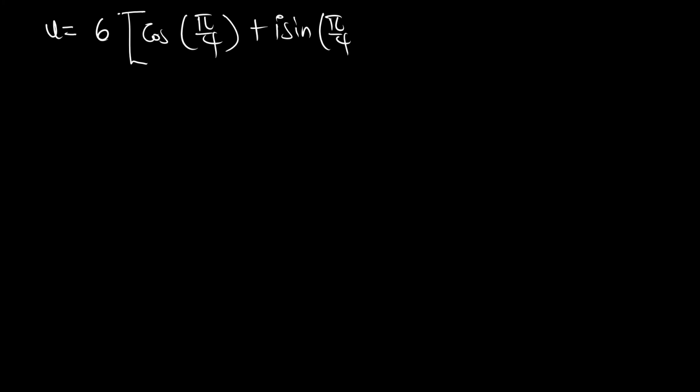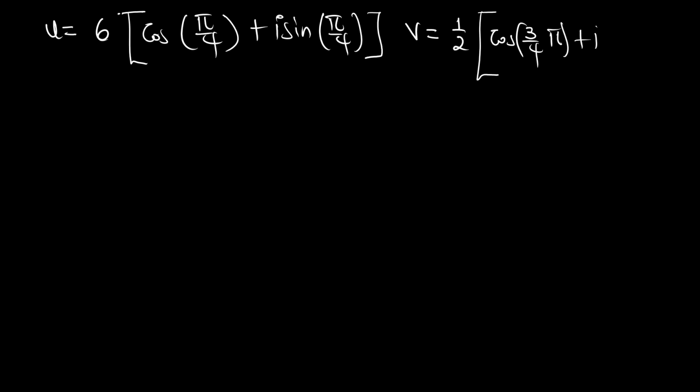U equals 6 (cos pi over 4 plus I sine pi over 4), and V equals half (cos 3 over 4 pi plus I sine 3 over 4 pi).